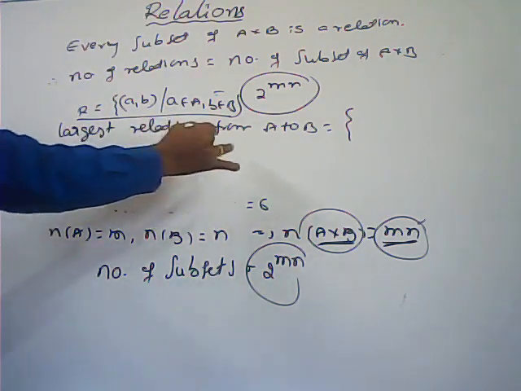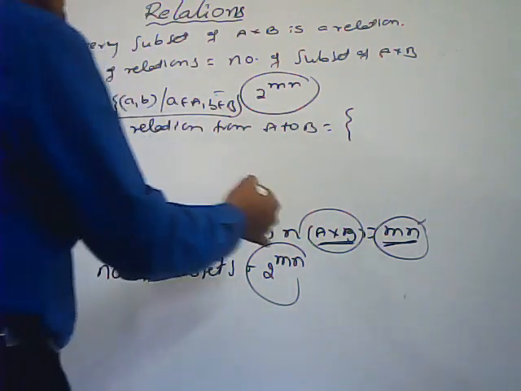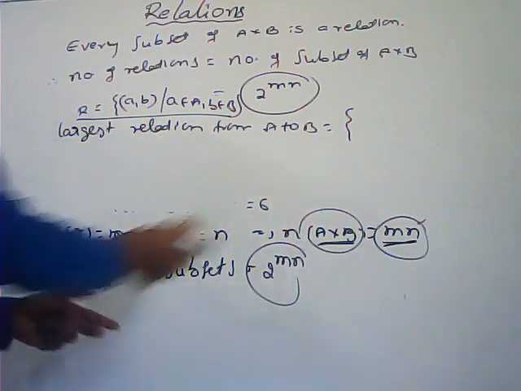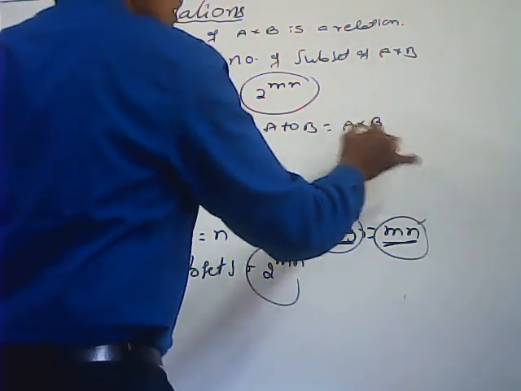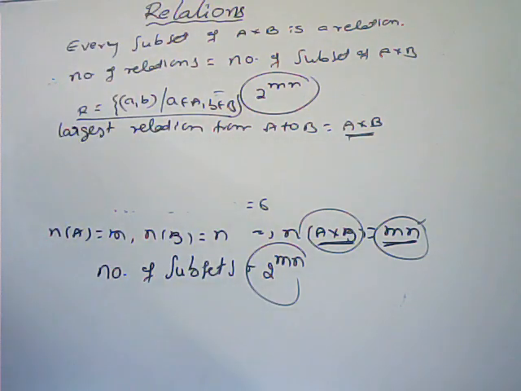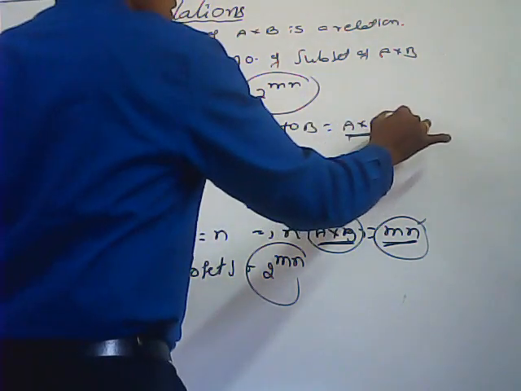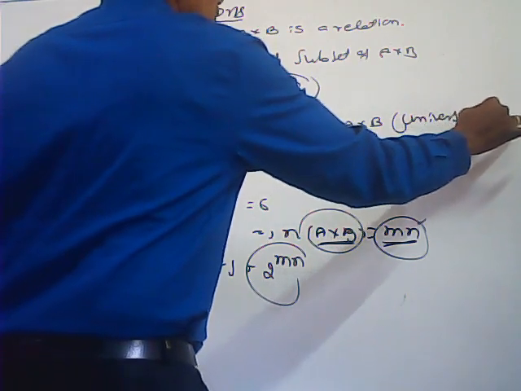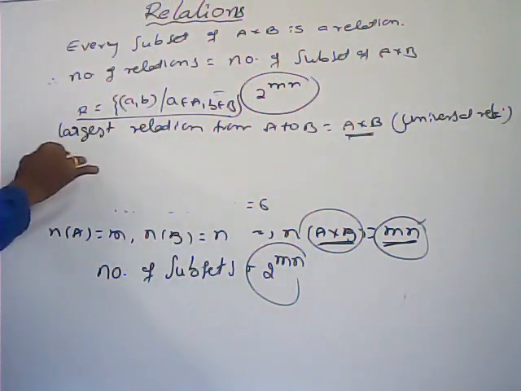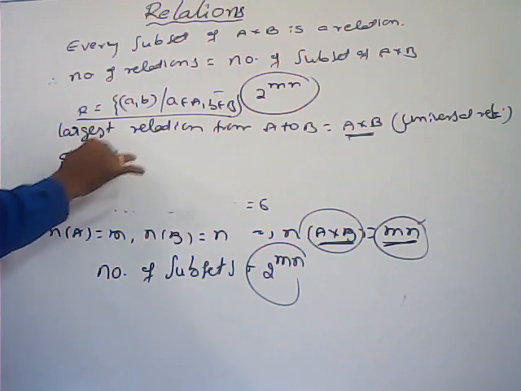Now the largest relation is nothing but A cross B only, that is the Cartesian product of the two sets. This one we say universal relation.